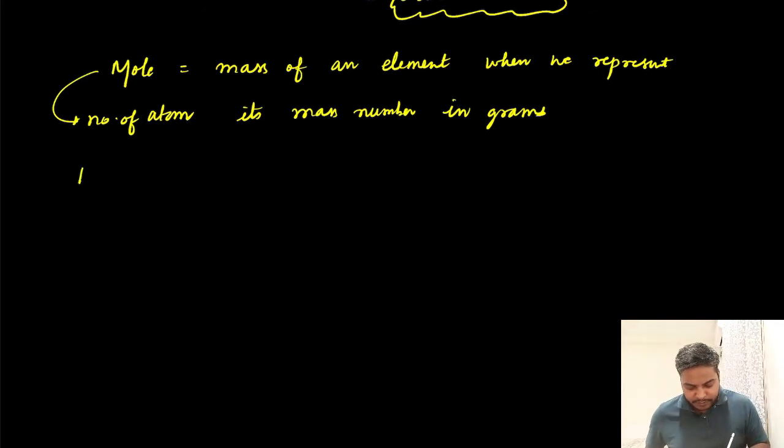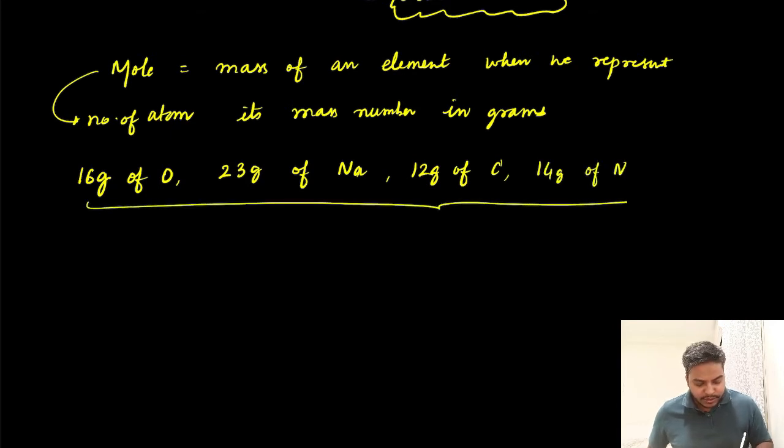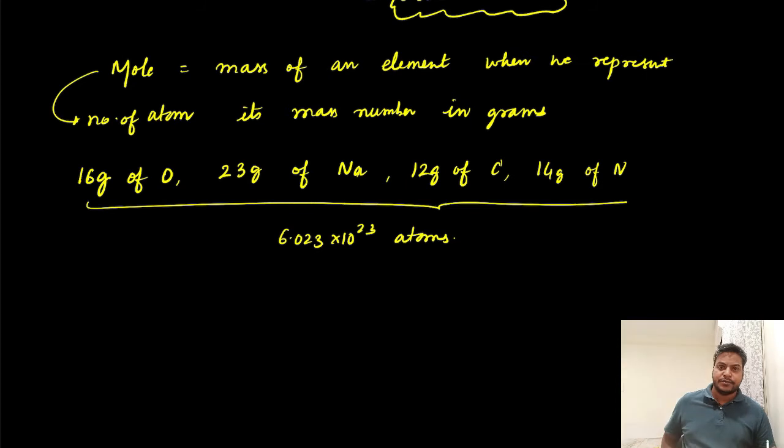So in simplicity, if I say 16 grams of oxygen, 12 grams of carbon, 23 grams of sodium, they all contain 6.023 into 10 raised to power of 23 atoms of their respective elements. So these many atoms would be contained.